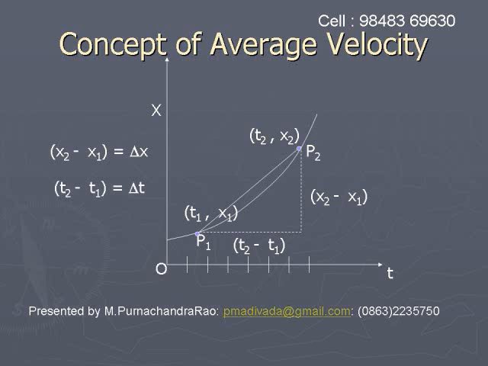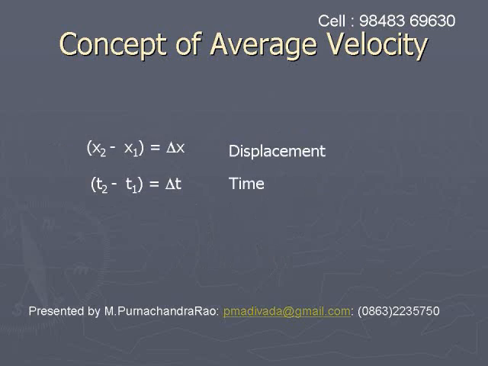This displacement is given by x2 minus x1, which is the vertical dashed line. The horizontal dashed line represents t2 minus t1. So, delta x is x2 minus x1 and delta t is t2 minus t1.